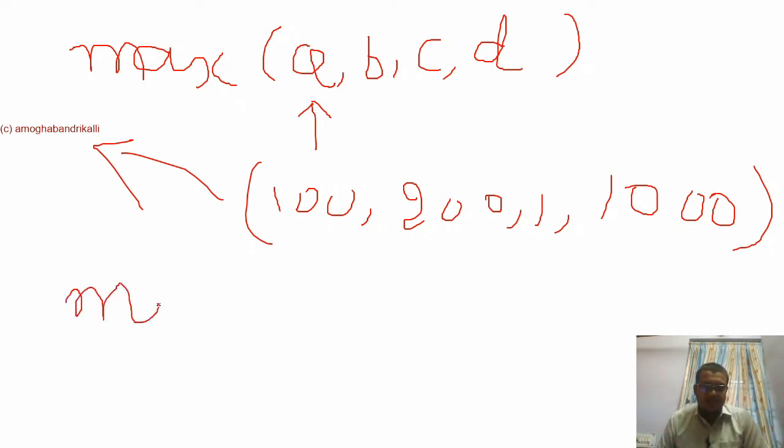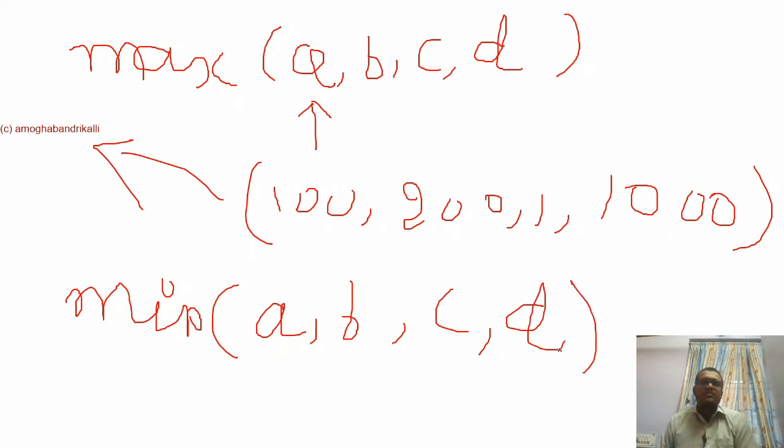There is a minimum method also, which gives the least value in this array. Again it can be separated by commas. So the minimum present in this array will be pushed to the results.